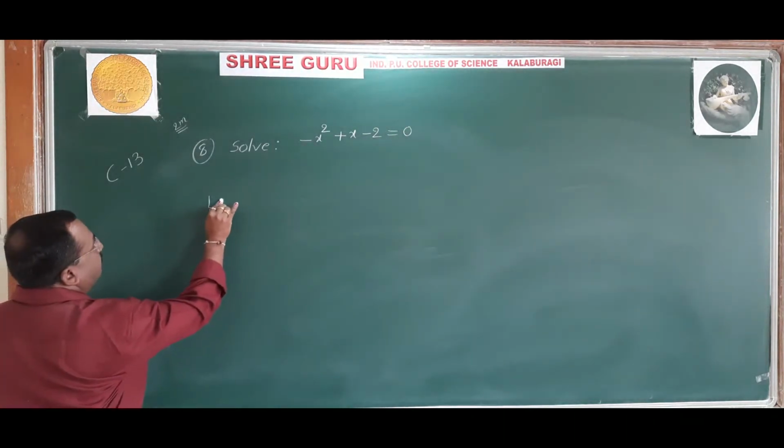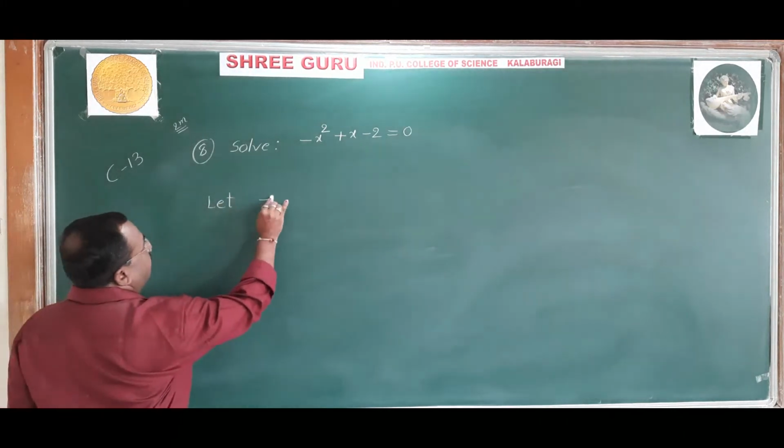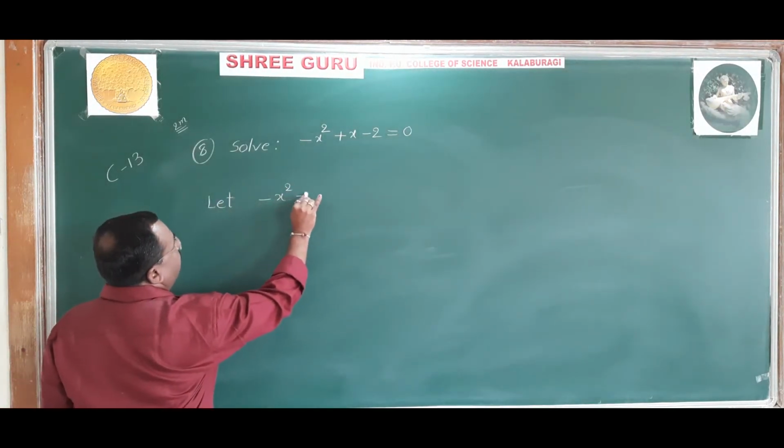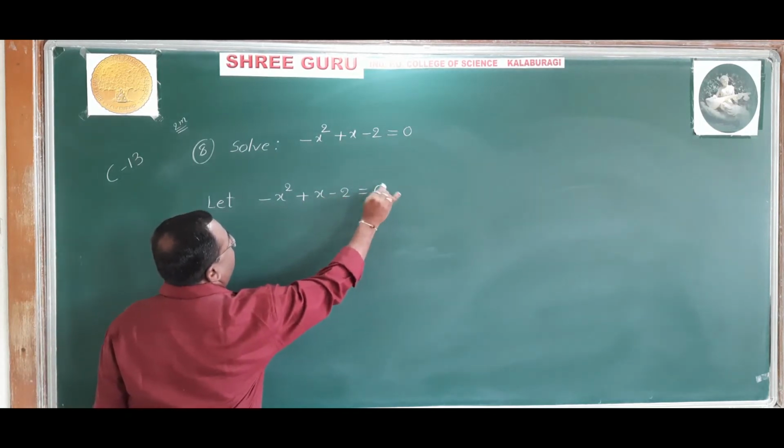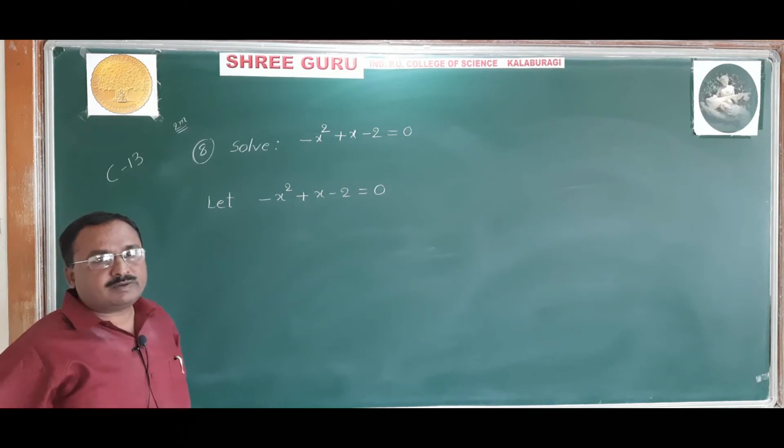Let minus x square plus x minus 2 is equal to 0. This is a quadratic equation.